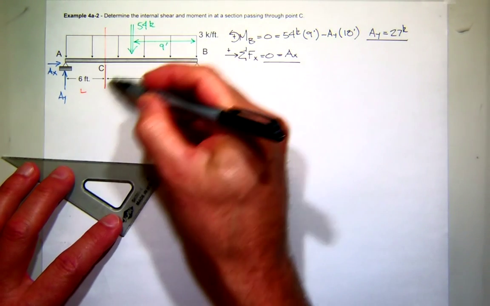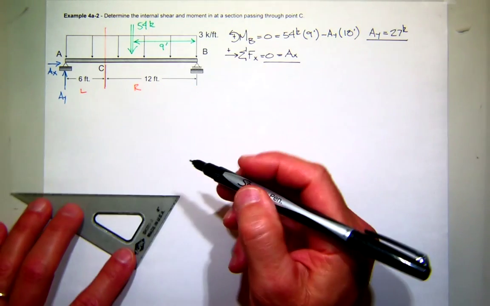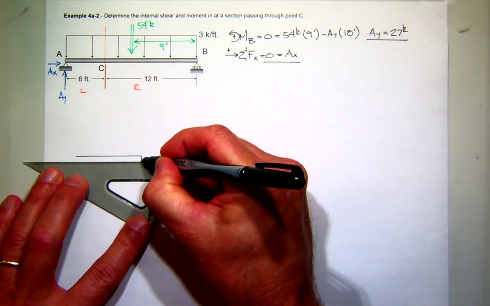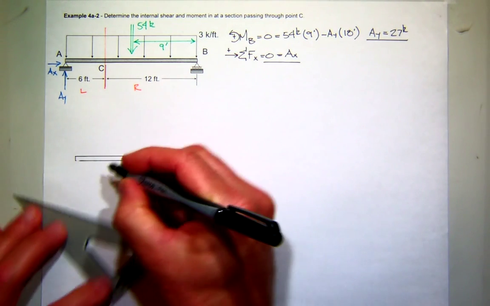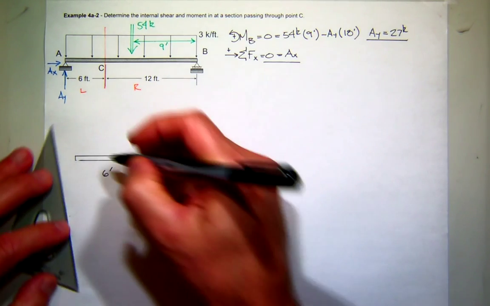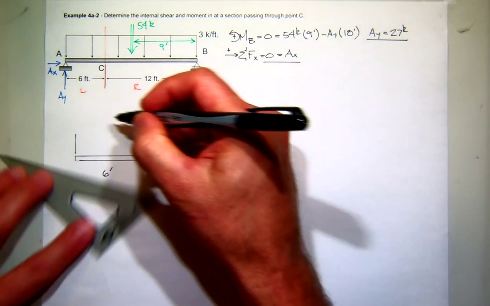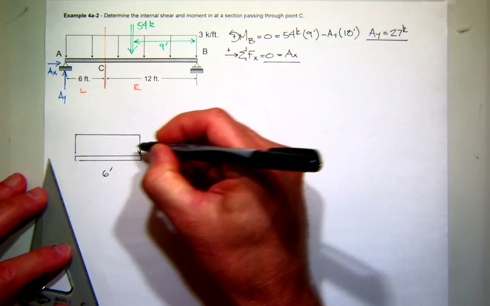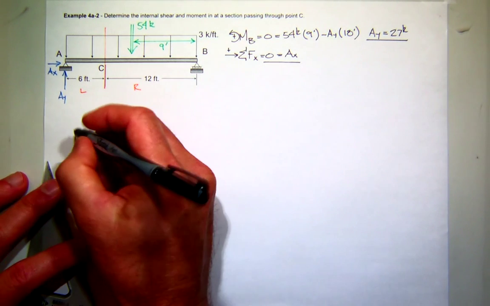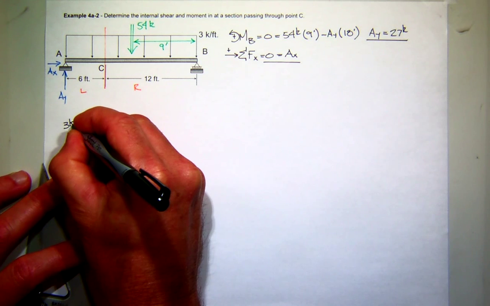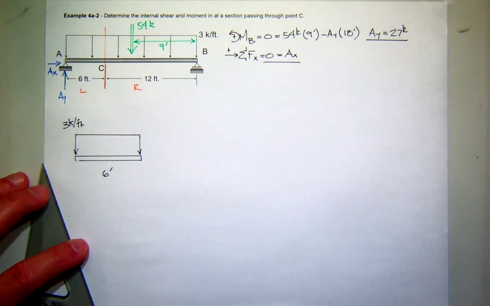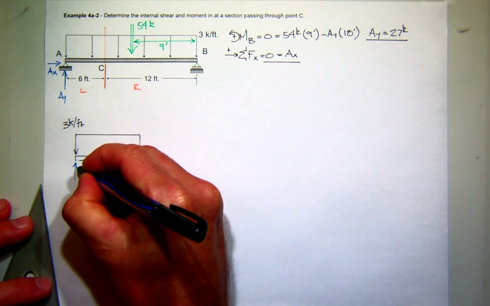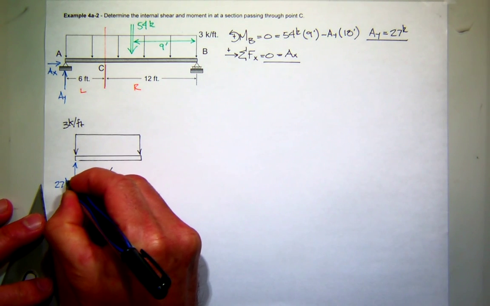Now I'm going to draw a free body diagram of this left-hand side. I'll draw it slightly larger to give me a little more room. There's the 6 feet, and on top of that I have my distributed loading, which is 3 kips per foot. On the left-hand side, I have my AY reaction, which is 27 kips.